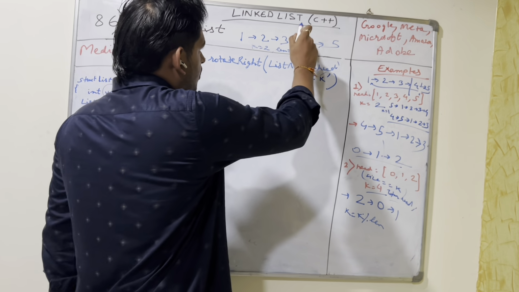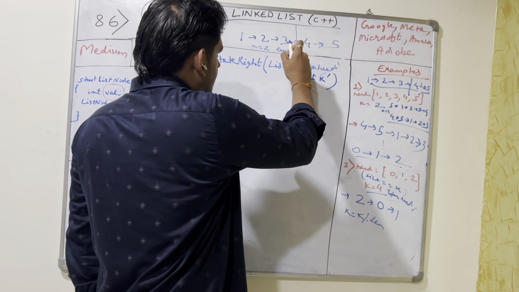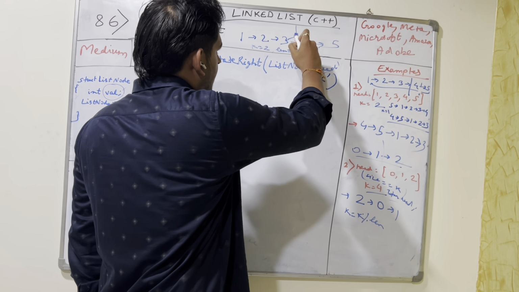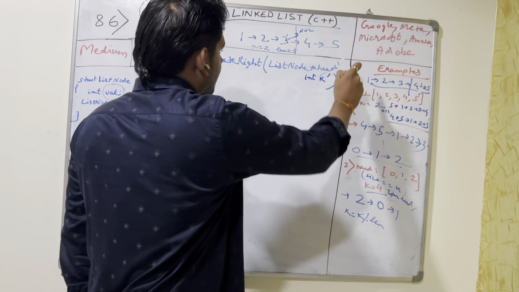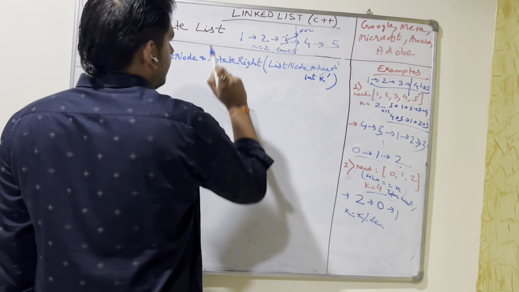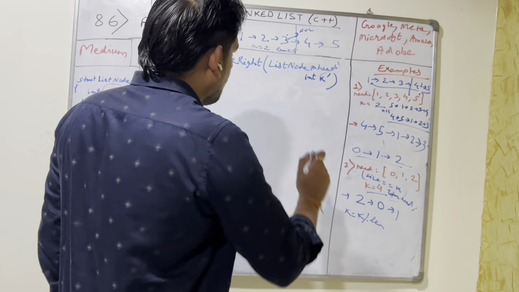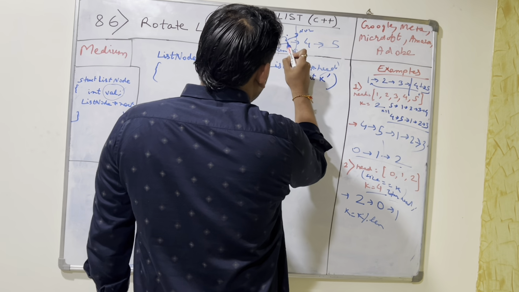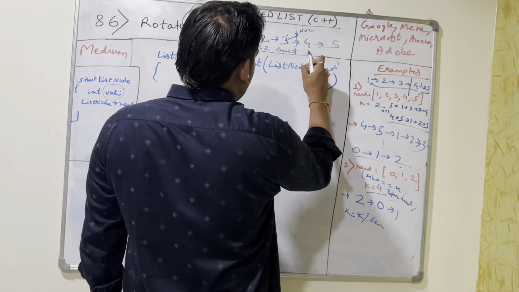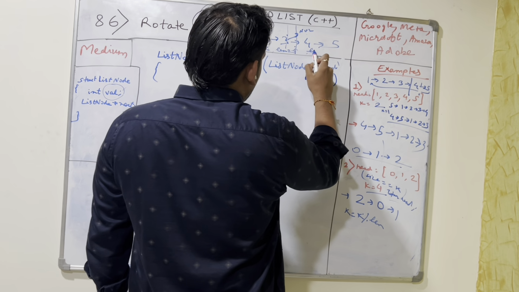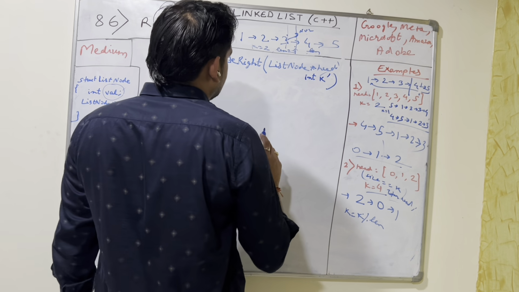So k equal to 2 means this 3 would point to null, this would be the end point. And 4 and 5 will come ahead and this will go here. So what we need to find to make this null, we have to come here, and to come here we have to know the length.